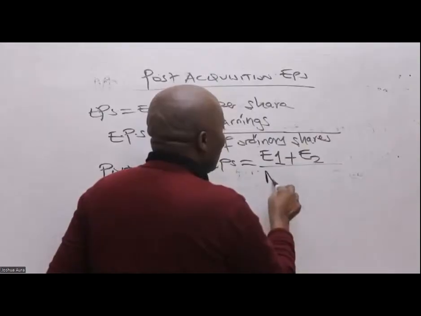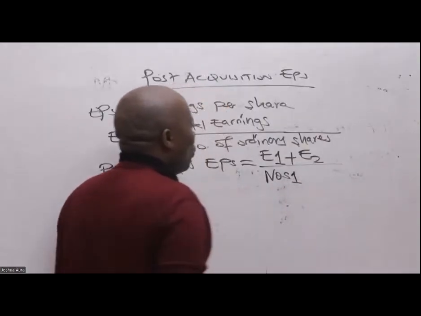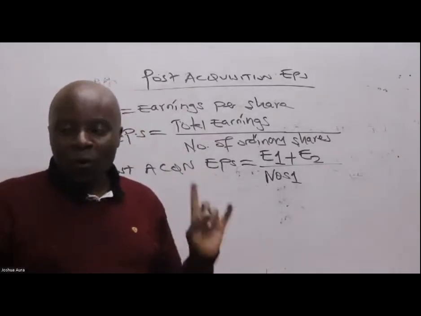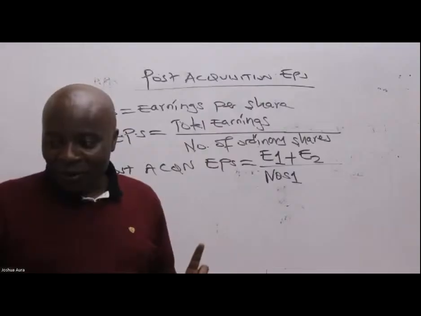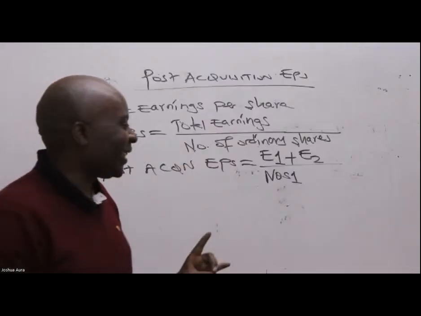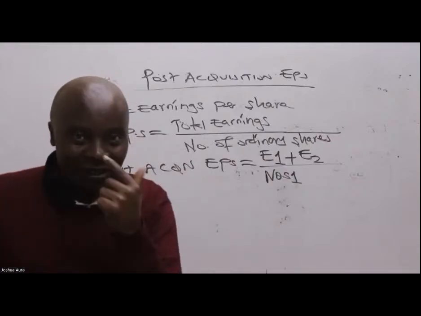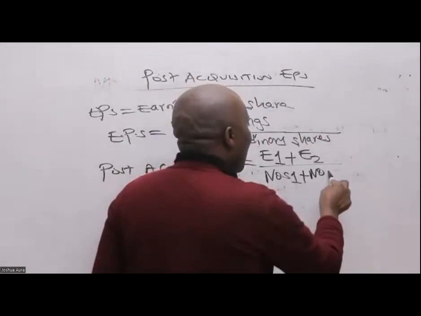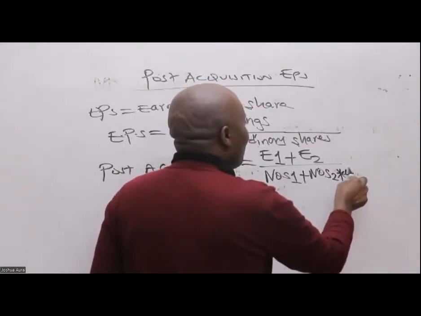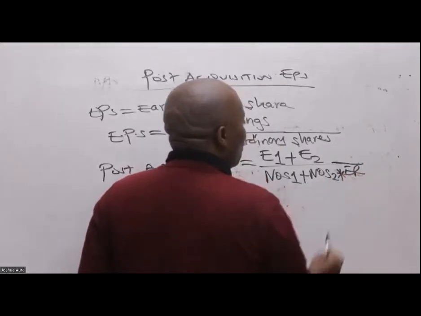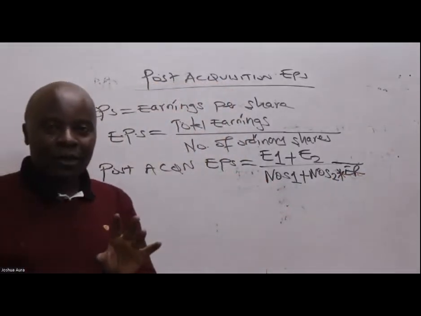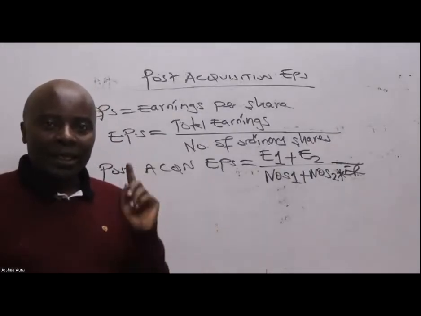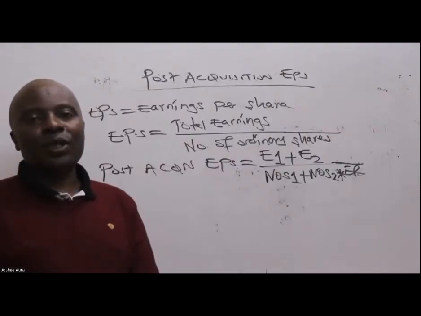All over, then we have NOS1. Whenever you see us using NOS, it stands for number of ordinary shares. Plus number of ordinary shares of company 2. But now remember that company 2, which happens to be representing the wife, must be multiplied with what we call the exchange ratio.